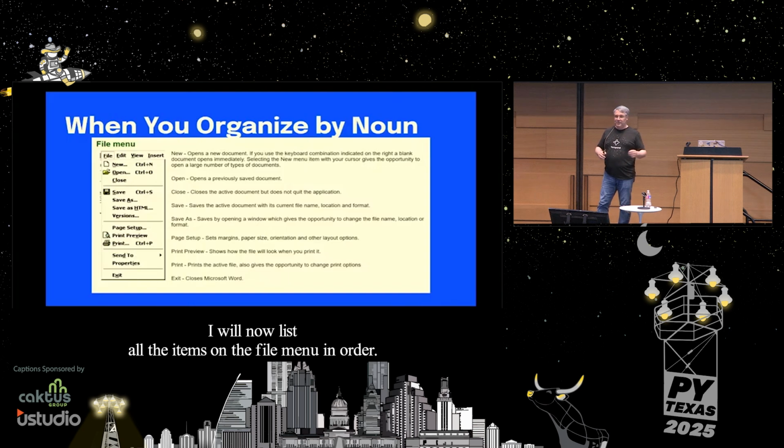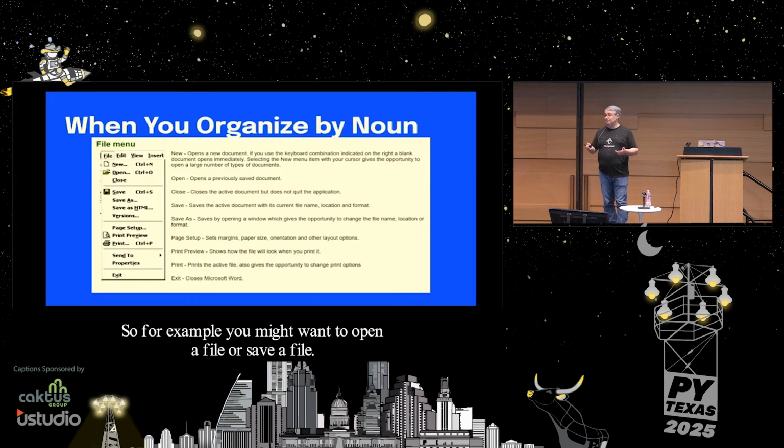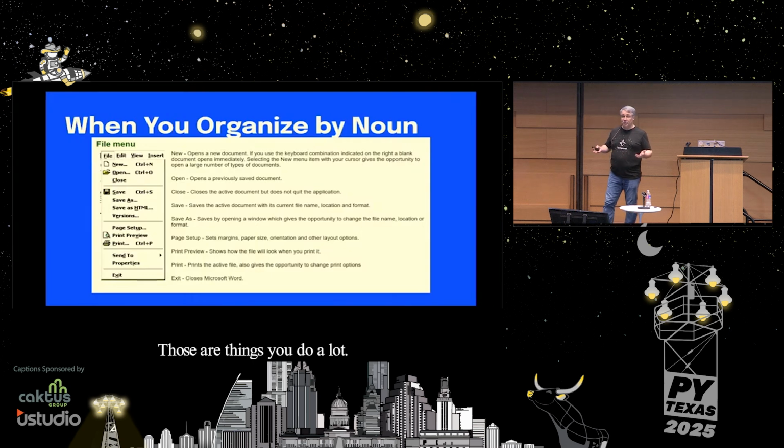I will now list all the items on the file menu in order. And the problem with this is that it puts equal weight on each of the options. So for example, you might want to open a file or save a file. Those are things you do a lot. But page setup, that's not something that you do very often. And yet this doc is treating it as if they were equivalent.